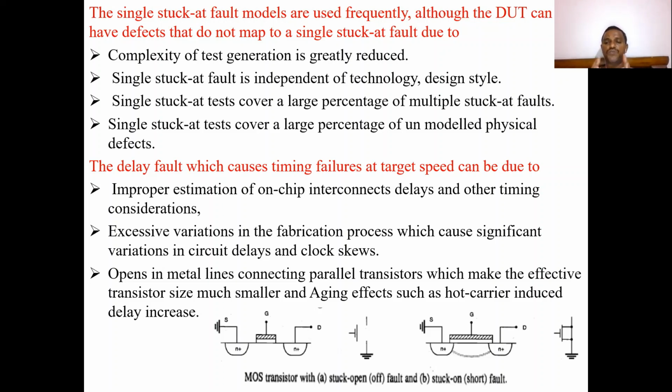If the channel length is very small, the source and drain may be shorted, and due to that defect we get the short fault. Okay, stuck on. And this one is stuck open or stuck off.